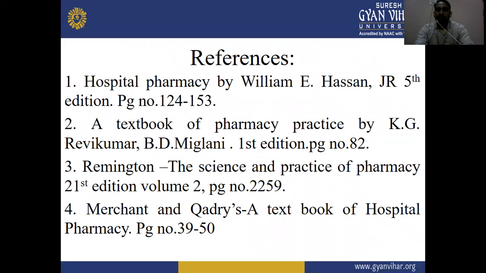Third reference is Remington, The Science and Practice of Pharmacy, 21st edition, volume 2, page number 2259. And the last reference for this topic is Merchant and Quadri, A Textbook of Hospital Pharmacy, page number 39 to 50. Those are the references for this topic.